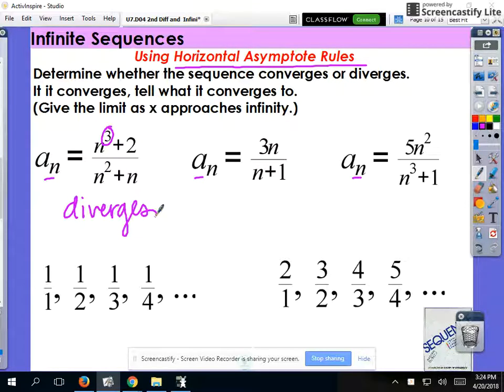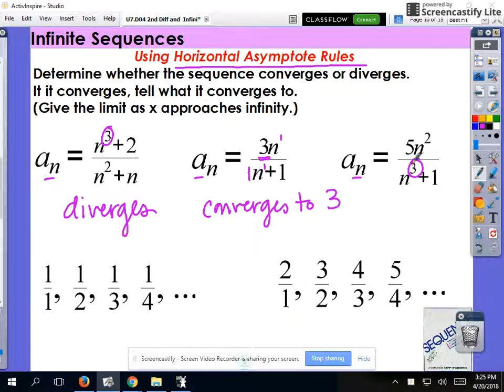Okay. For the second one, the degree is 1 on top and 1 on bottom. Those are the same degrees. Therefore, this converges to, do you remember? Leading coefficient over leading coefficient. So 3 over 1. So that converges to 3. And the last one, the degree is bigger on the bottom.